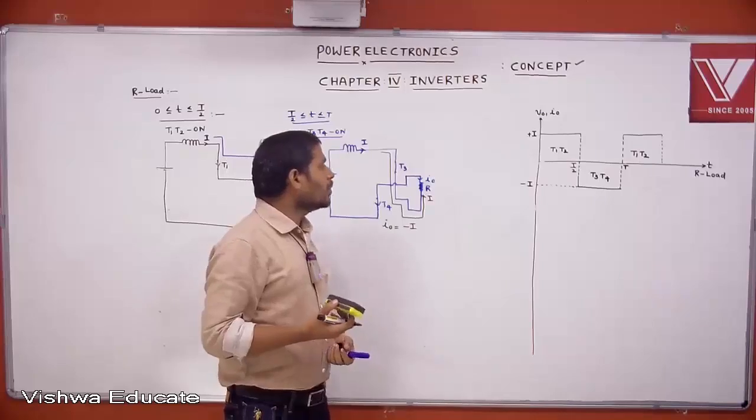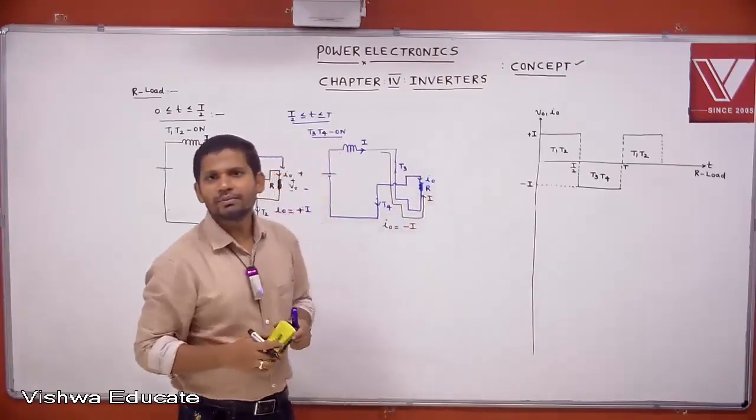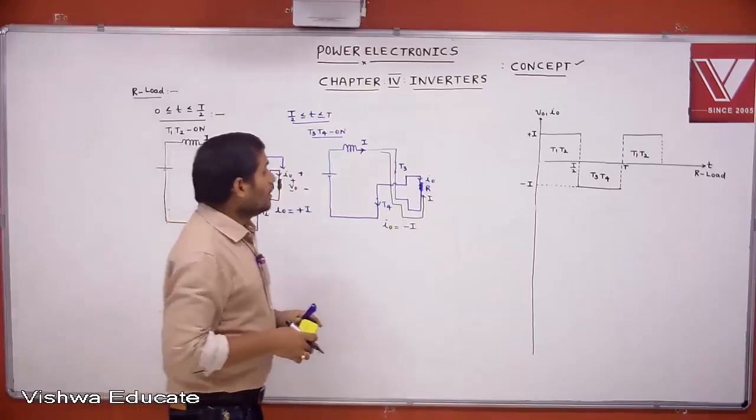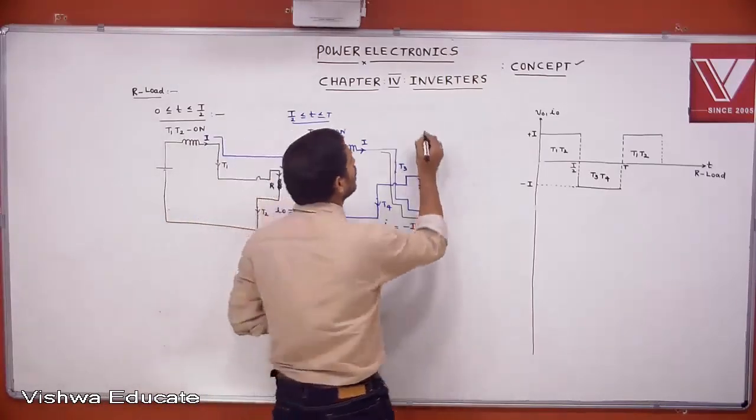Okay. This is about current source inverter. For resistive load voltage and current waveforms are same.